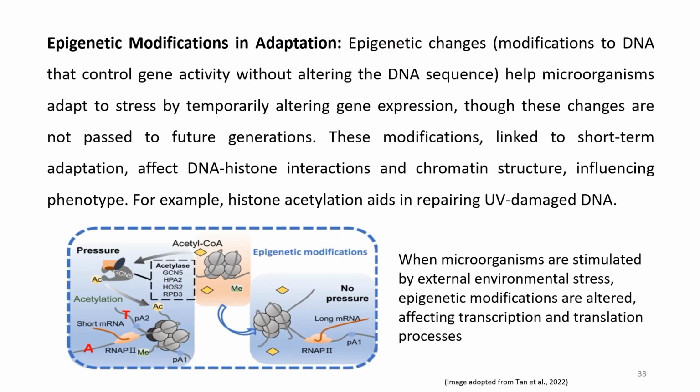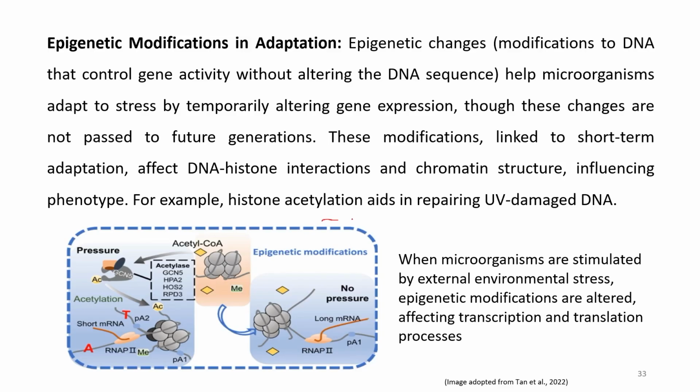Epigenetic modifications also help in adaptation. Epigenetic changes, modifications to DNA that control gene activity without altering the DNA sequences, help microorganisms adapt to stress by temporarily altering gene expression. Though these changes are not passed to future generations, these modifications linked to short-term adaptations affect DNA histone interactions and chromatin structure, influencing phenotype.